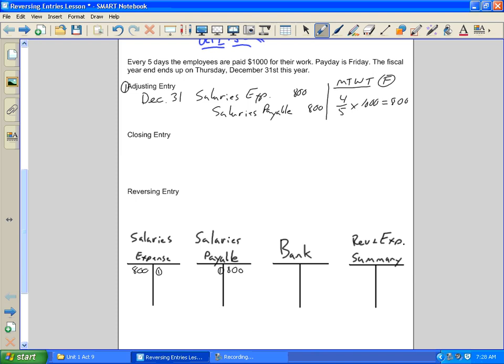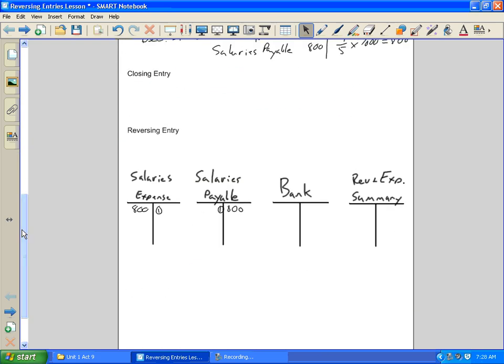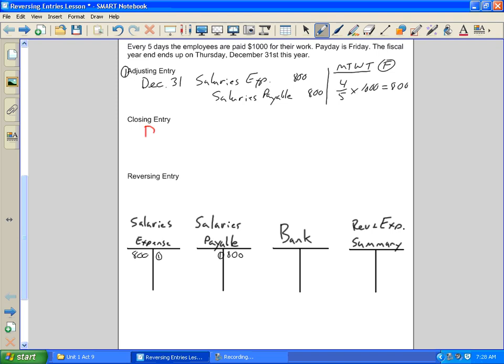All right. Now I'm going to switch my colors again. Let's make sure I'm going to go with the red for the closing entry. On December 31st, we have to close that account. Okay, so we have to debit revenue and expense summary.